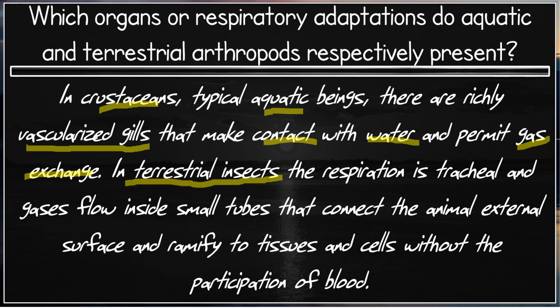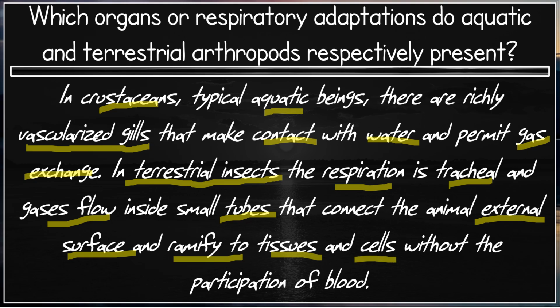In terrestrial insects, respiration is tracheal, and gases flow inside small tubes that connect to the animal's external surface and ramify to tissues, cells, without participation of blood.